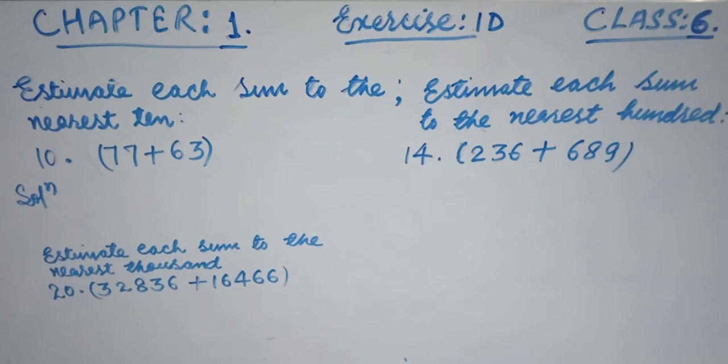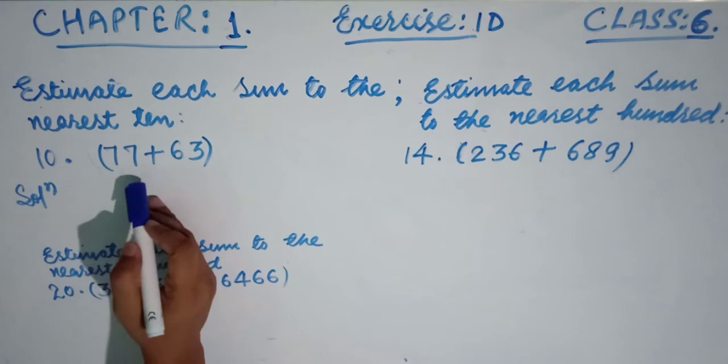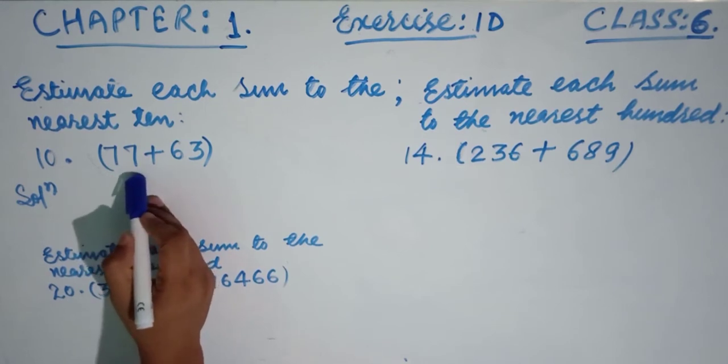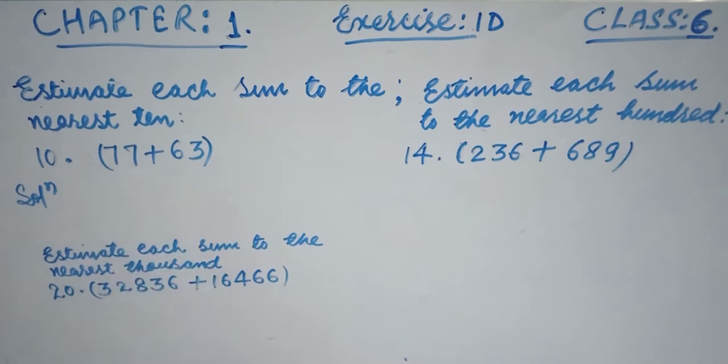Okay friends, in order to write the nearest 10, first we have to see the ones place value. So here in 77, friends, the ones place value is 7, which is greater than 5.